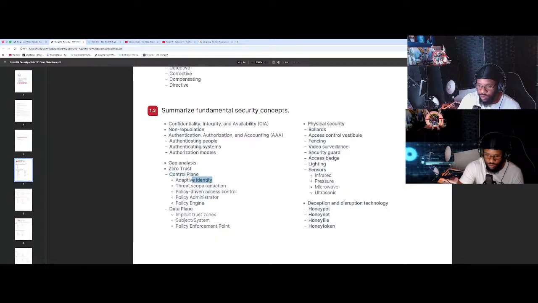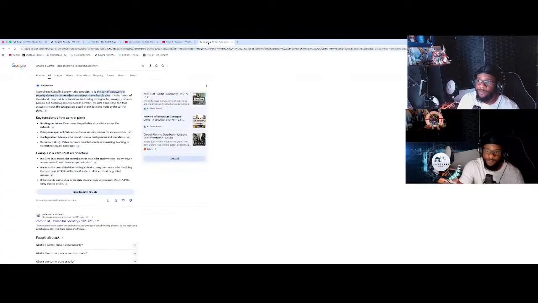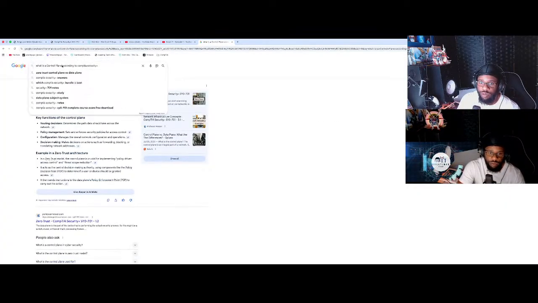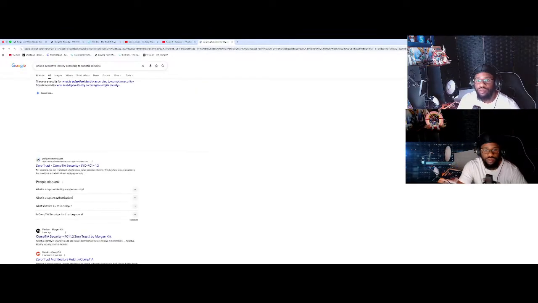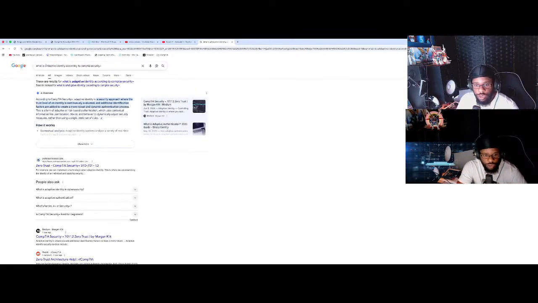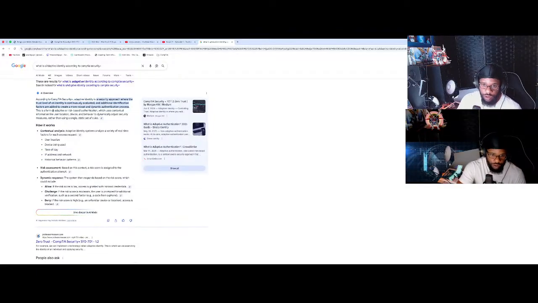Let's talk about adaptive identity. What is adaptive identity? According to CompTIA Security Plus, adaptive identity is a security approach where the trust level of an identity is continuously evaluated and additional identification factors are added to create a more robust and dynamic authentication process.